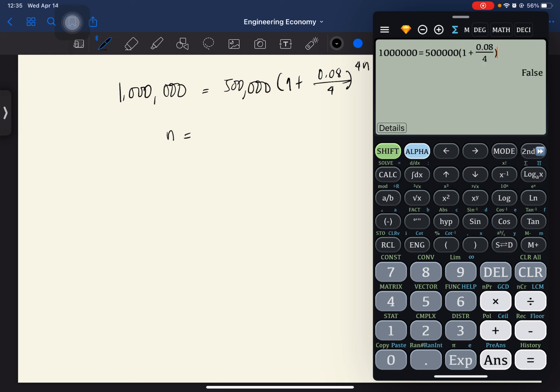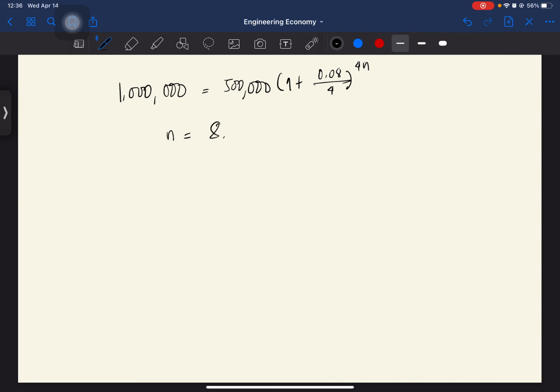Siguro I will just go with calculations pero hindi na ako mag-explain. Ayan, 8.75 years. Pagka ginamit mo yung may R at may M, yung N, ang unit niyan, years na yan, matic.